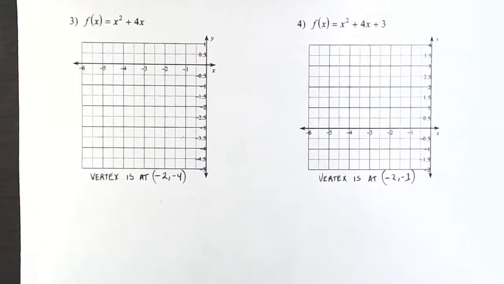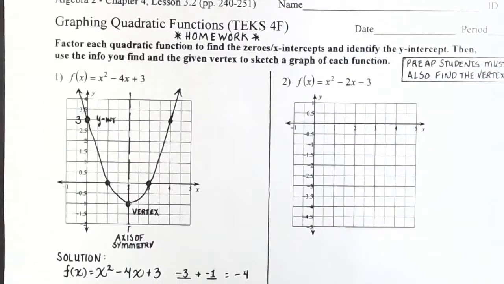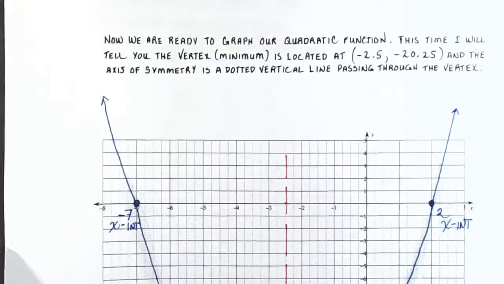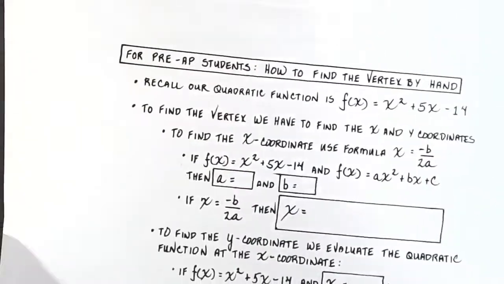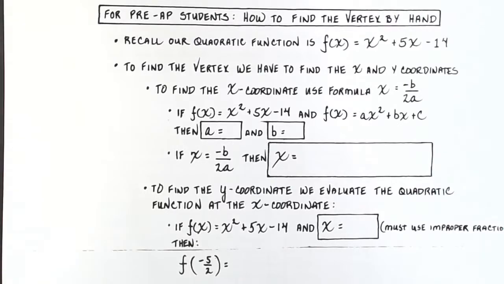Here we go. So we learned how to graph a quadratic equation. Right here. We graphed a big one. My pre-AP students will learn how to find the vertex by hand.